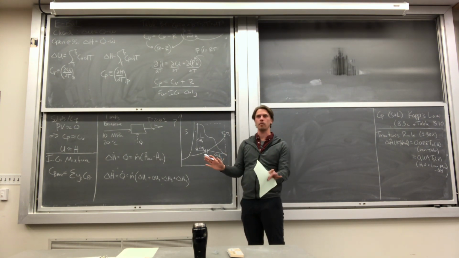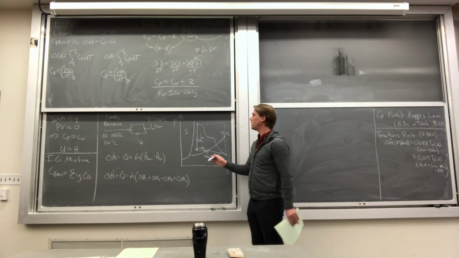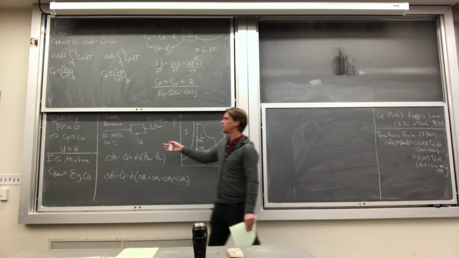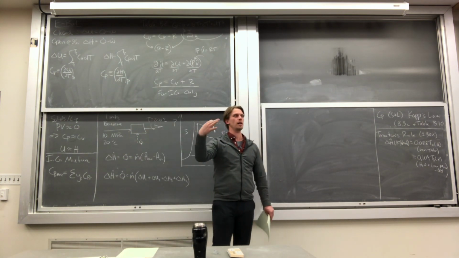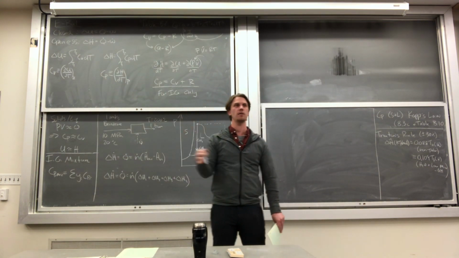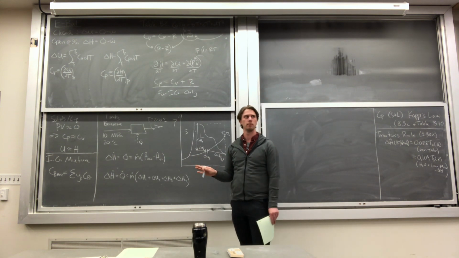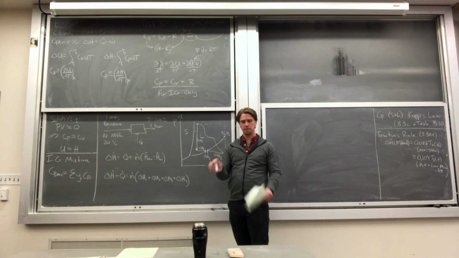Totally acceptable pathway, right? The only thing that limits us is access to the data. If we have data of the heat capacity at every pressure, at every temperature, at every phase, we can choose any path we want to. That's a very good point. Thank you for bringing it up.